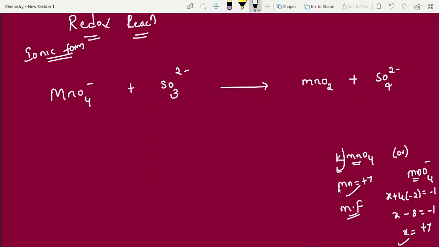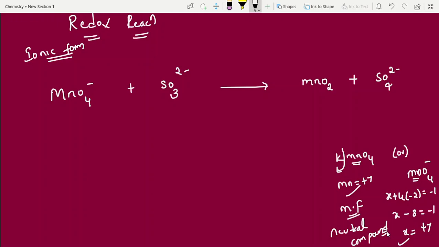What I am trying to say is, whether you take the compound in molecular formula, neutral compound, or ionic form, the manganese oxidation state is not changing. Whether you use potassium or not, there is no change in the oxidation state or in the other conditions.